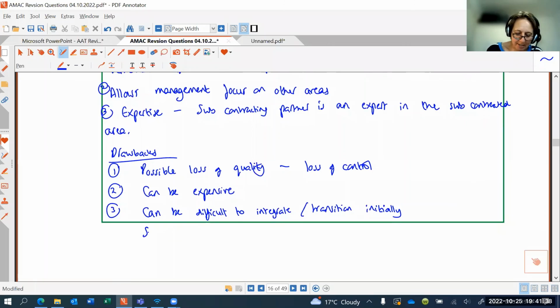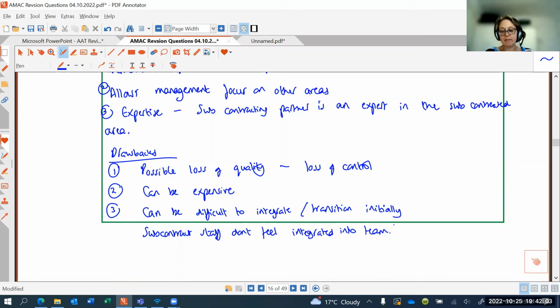Maybe the subcontract staff don't really feel part of the team. So they don't feel fully integrated into the team, just as an example. And of course, they also don't know what they're doing.